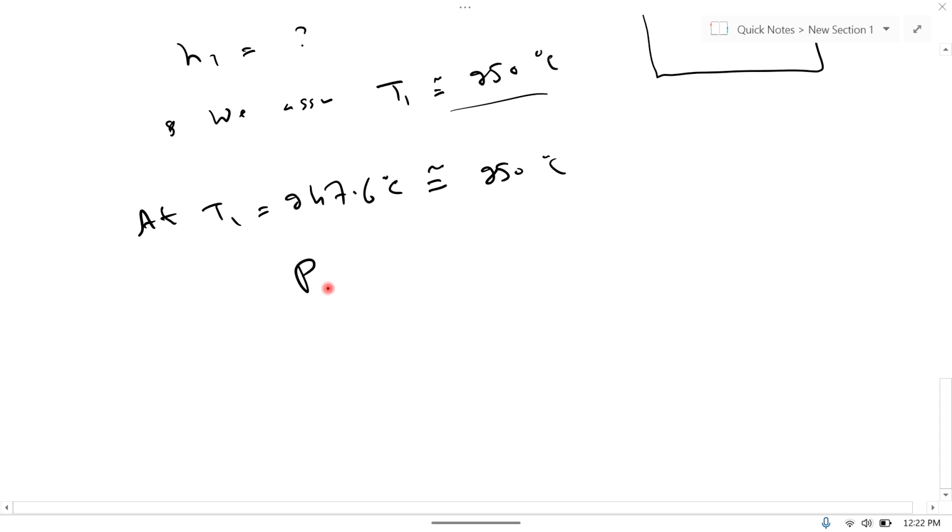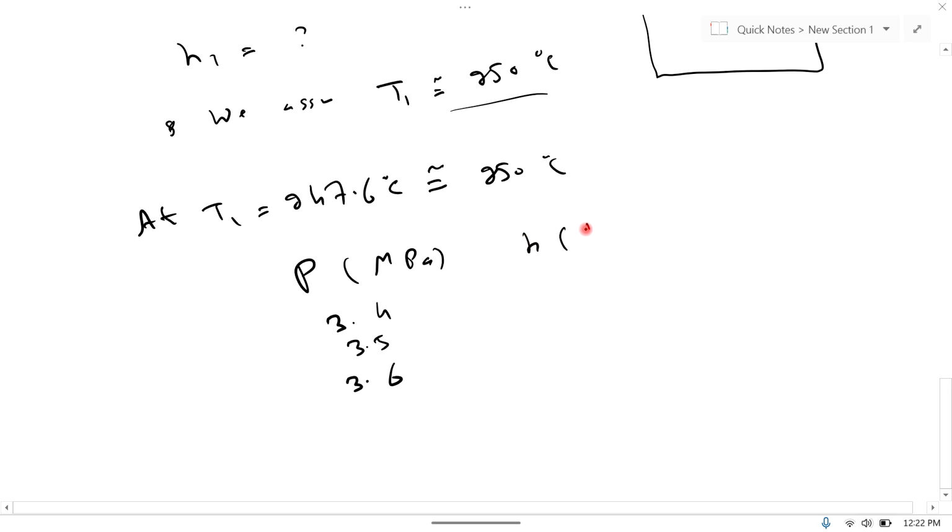Pressure in the table is in megapascal, and what is available is 3.4 megapascal and 3.6, but we have to find enthalpy at 3.5.